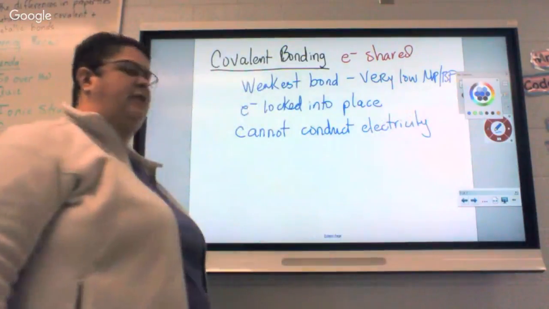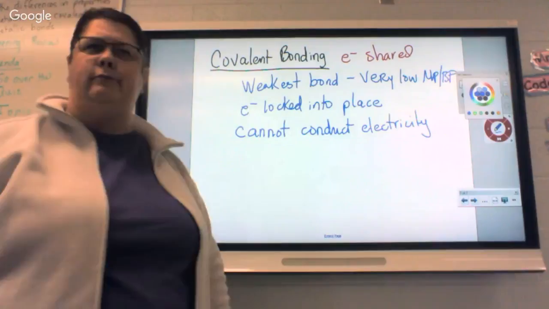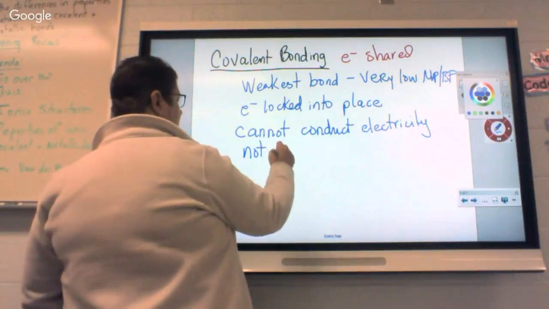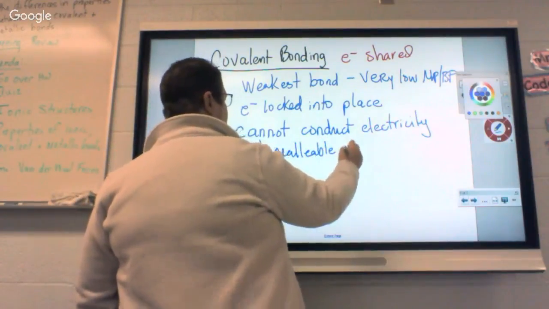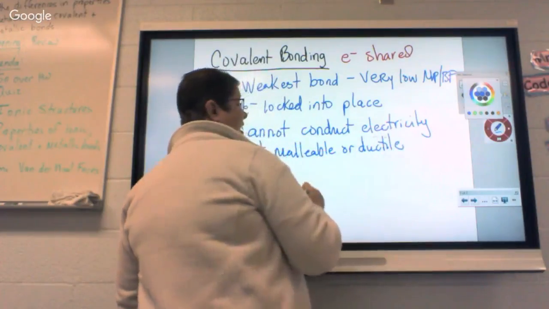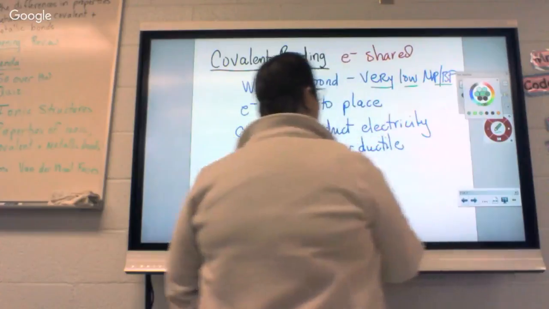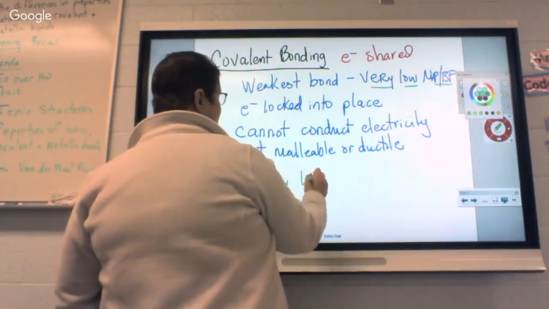Cannot conduct electricity. Can we be malleable or ductile? Nope. Not malleable or ductile. Now, this category, because it has such a low melting point and boiling point, has many liquids.